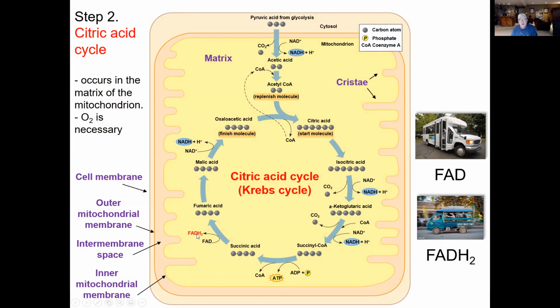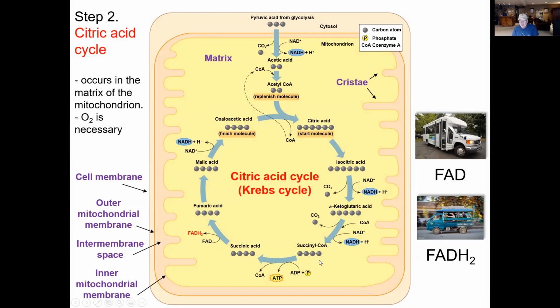And we see the introduction of a new substance here. What the heck is this? Well, you see where it says FAD gets converted into FADH2. FAD is a close cousin to NAD+. What do I mean by that?